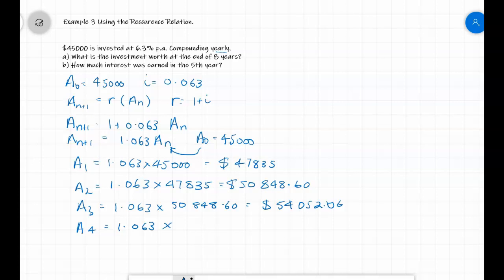For A4, the value is 54,052.06. Put that into the calculator, and I get $57,457.34.